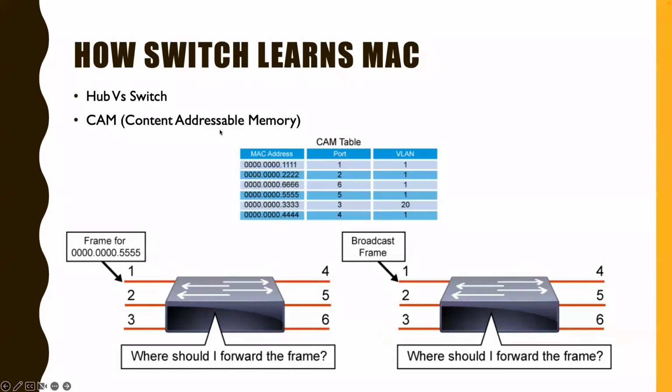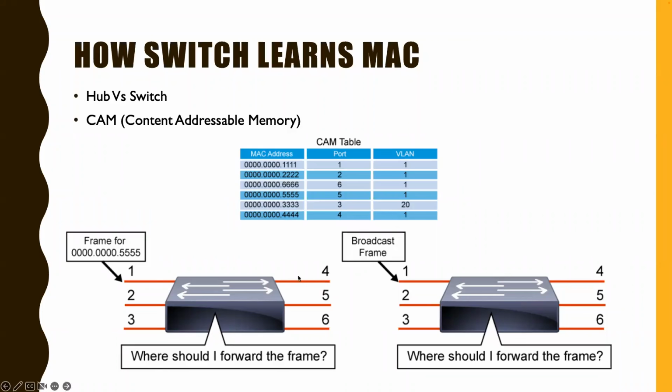CAM stands for content addressable memory. So let's say this is a switch with 6 different ports. On port 1, it receives a frame with a destination of, let's say, a hypothetical MAC address, 5555.